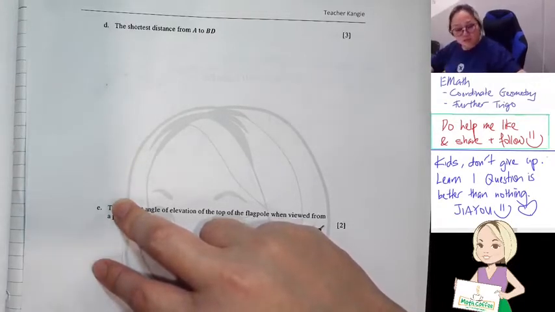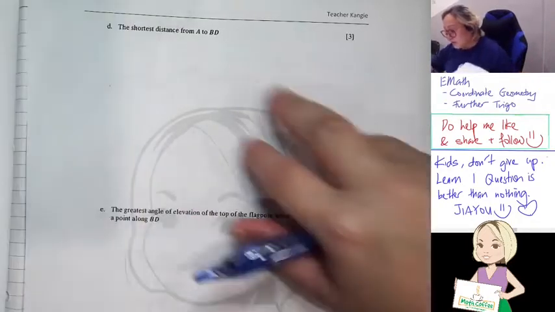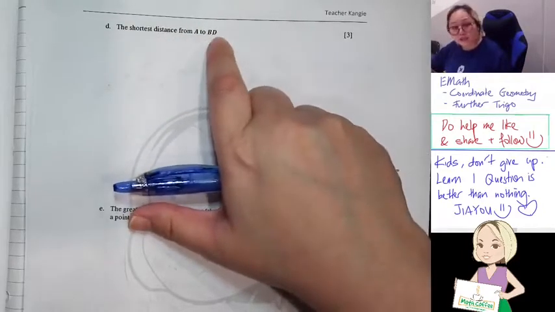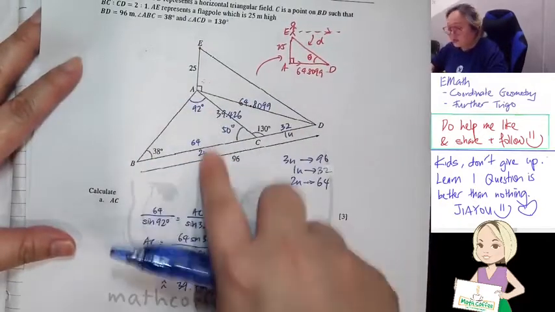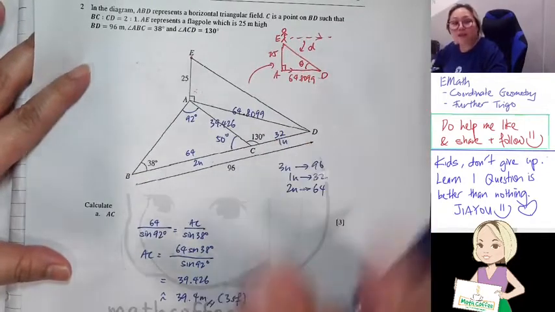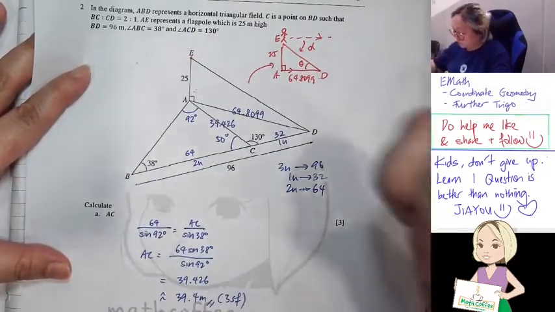Okay, let's move on. Where's my diagram here? They ask to find the shortest distance from A to BD. Always remember, whenever they say shortest distance, it means it's perpendicular distance. This is how I always tell my students.